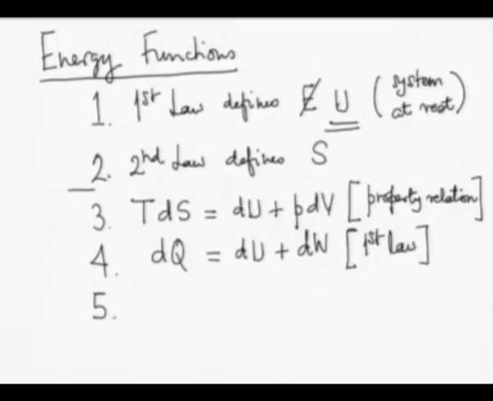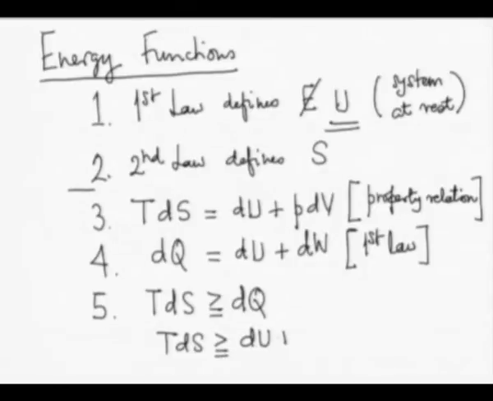we have the second law, which says the entropy relation T dS is greater than or equal to dQ, and combine this and we will have T dS is greater than or equal to dU plus P dV.